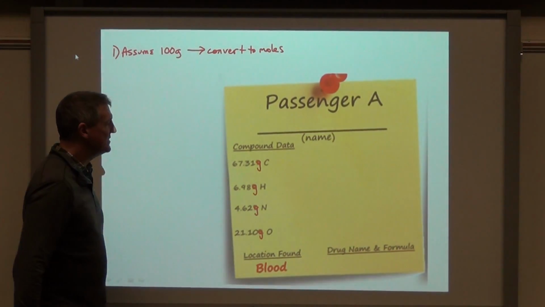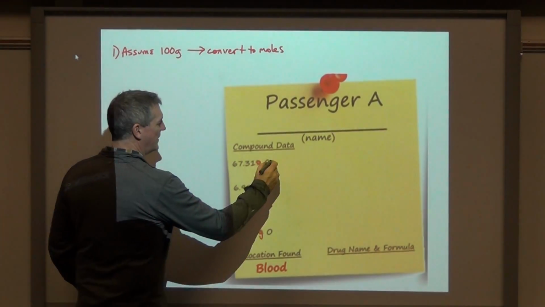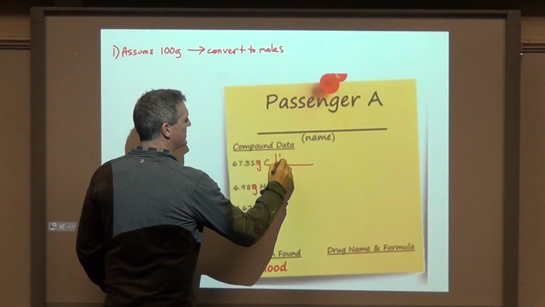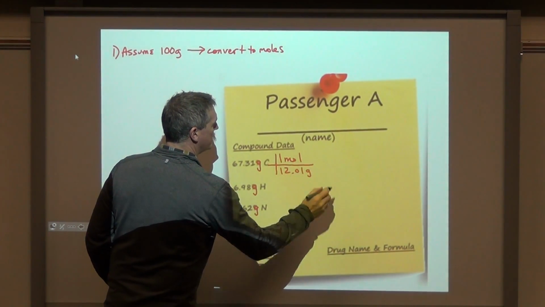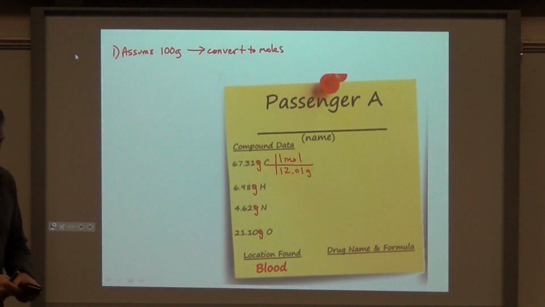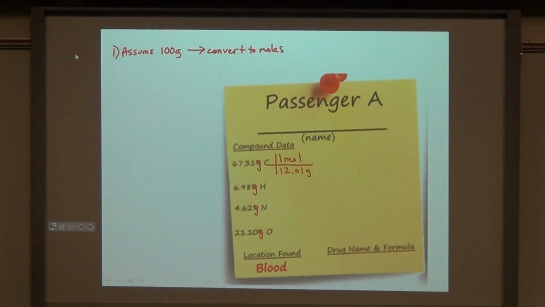So our first one, 67.31 grams of carbon times 1 mole for every 12.01 grams. And I had this all figured out and left the sheet in my room. So if anybody wants to help me with calculations, that would be super sweet. I can do that.